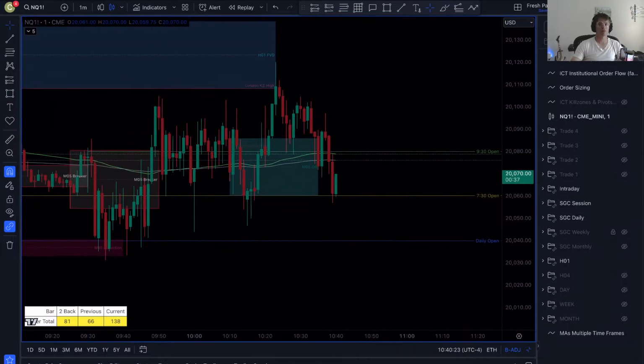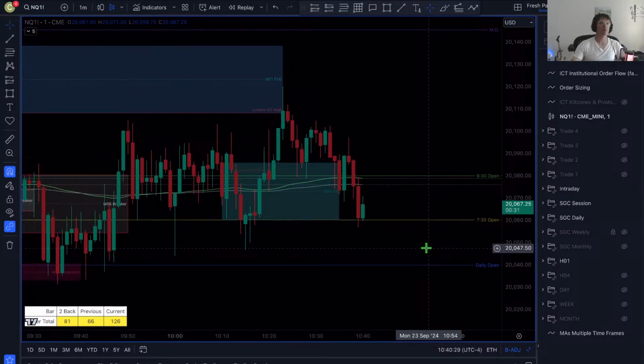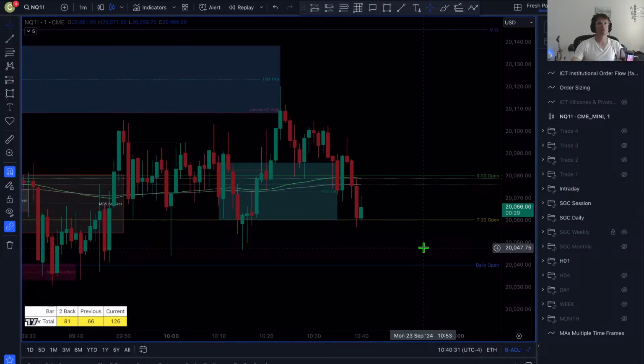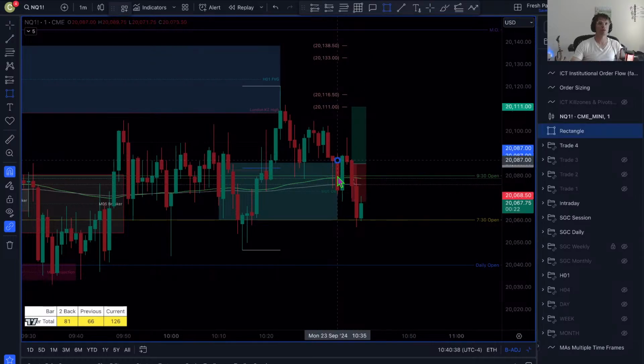It's right into the 7:30 open. But the M1's just, that's not upward PA anymore. I think this wasn't that bad of a trade considering that you had sort of this.